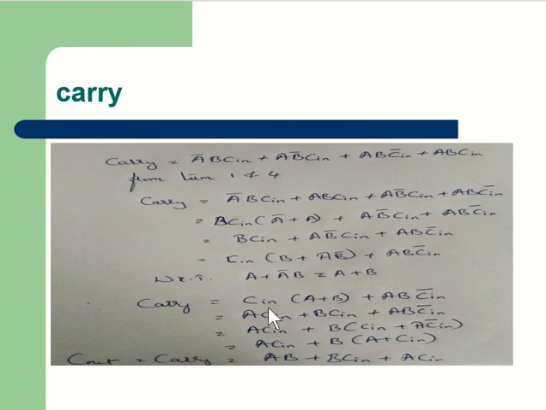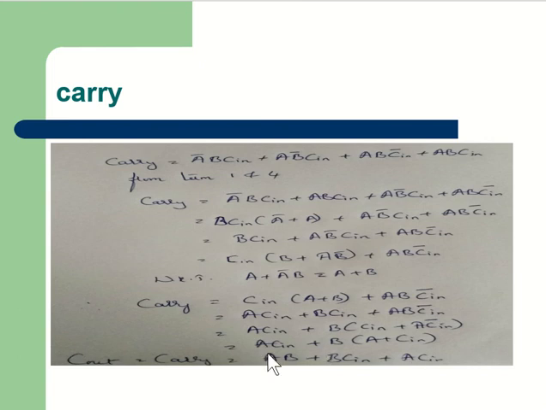Now multiply, so I get A into C in plus B into C in plus A B C in bar. So this is A into C in. Now from these two terms, let me take B common. So B into C in plus A into C in bar. Once again, this is of the form A plus A bar B, so I can write it as A plus B. So this will be reduced to A into C in plus B into A plus C in.